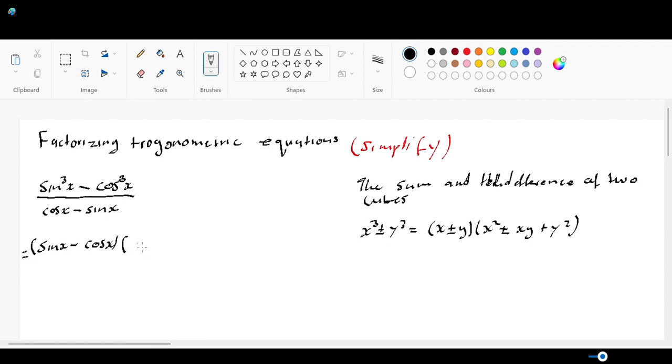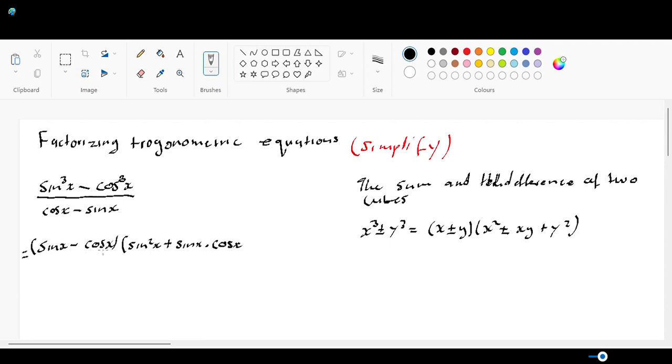So it's going to be sine multiplied by sine, which gives us sine squared x. And then since this is negative between sine and cos, you're going to make it positive here. Then you multiply sine with cos, you're going to have sine x multiplied by cos x.